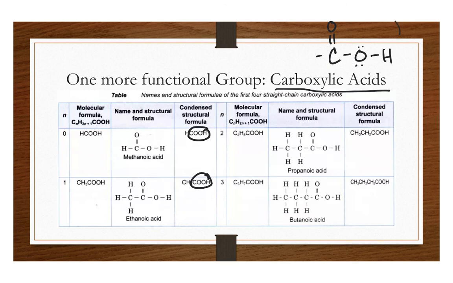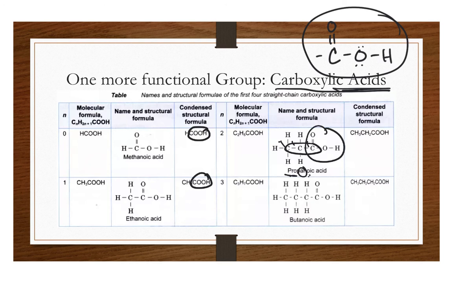Things that have this on them are called carboxylic acids. We name them the same way, but we put an ic acid on them. For example, here we have 3 carbons, so that's prop, all single bonds in the carbons, ane, COOH on one end, oic acid, propanoic acid.